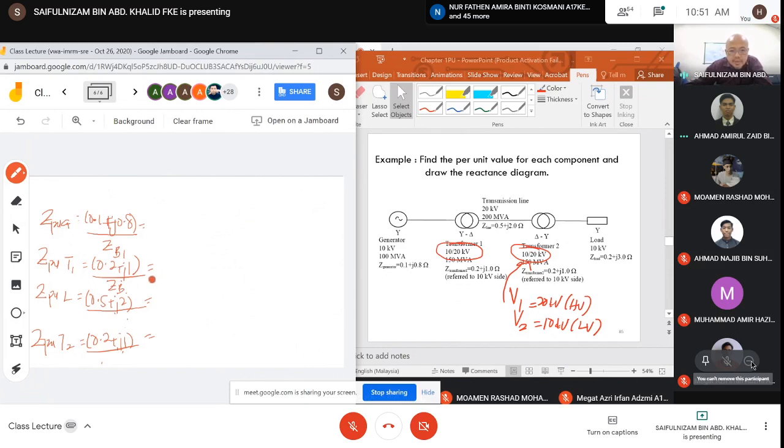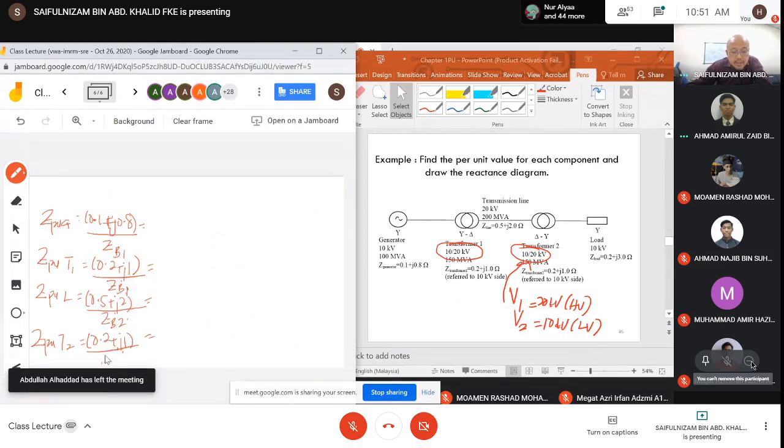The transformer is referred to the 10 kV side, so Z base 1 is also the same. For the line it is Z base 2, at zone 2, and Z base 1 at zone 1.